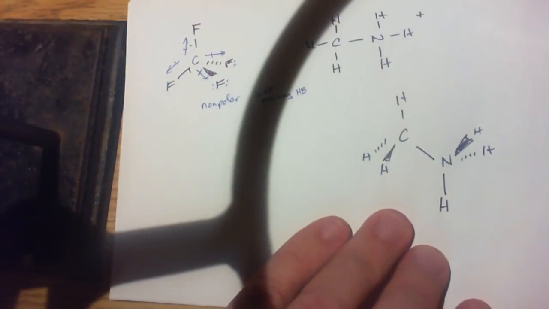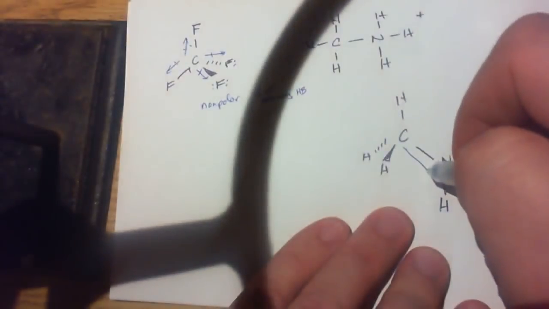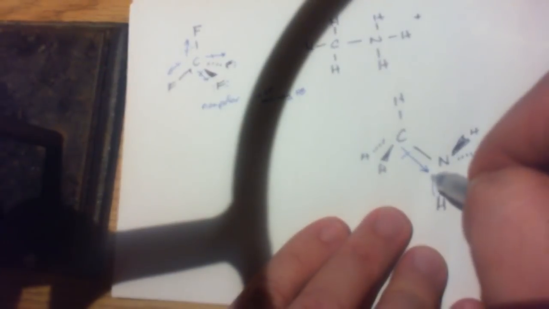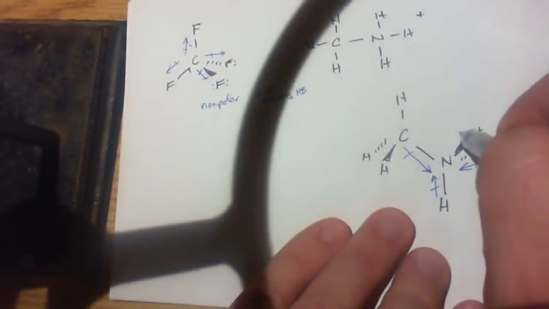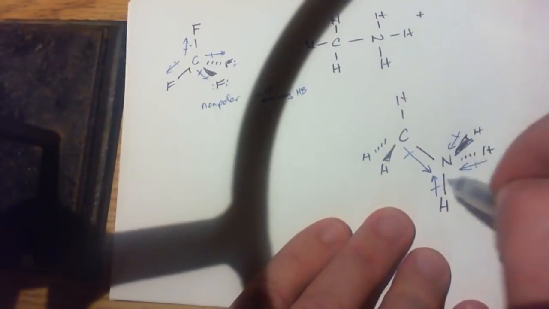If I were to do the Lewis structure, or sorry, VSEPR diagram, this molecule has no lone pairs on it, but it does have a series of polar bonds, and these are of different magnitudes.